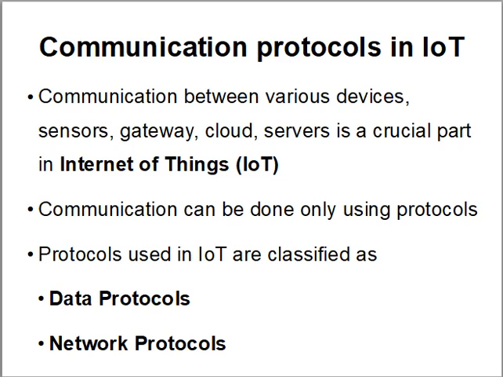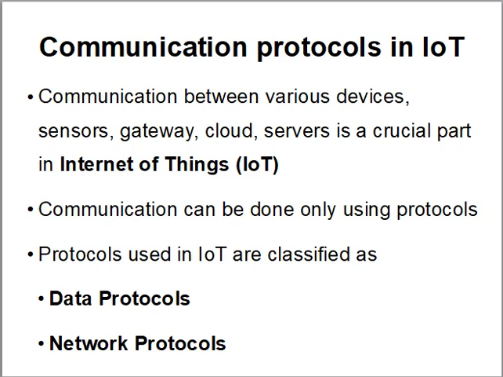So in IoT, broadly at a very top level, if we talk, these protocols can be classified into two types. One is basically a data protocol. So data protocol is nothing but the protocol that is used to communicate the data.